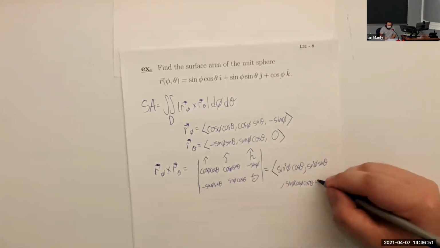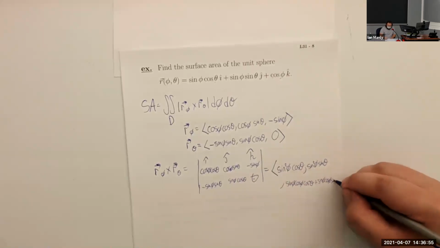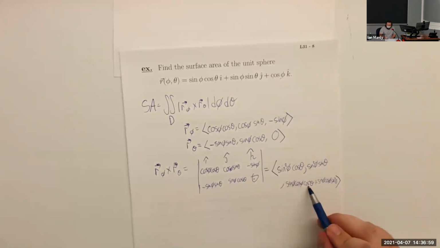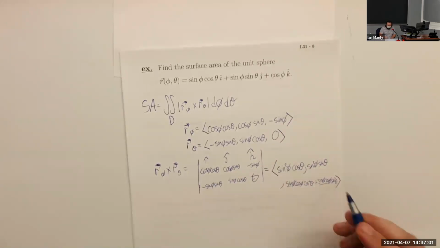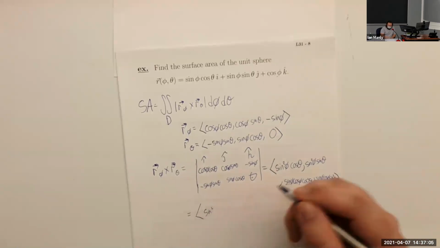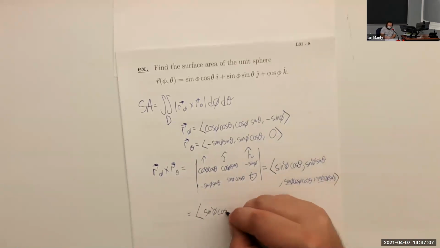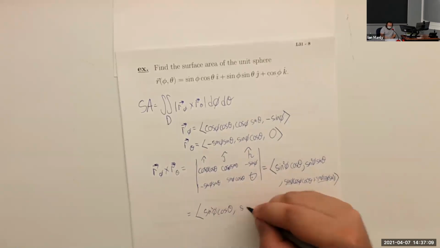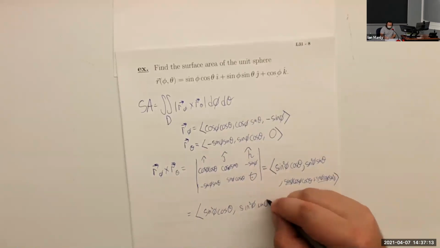And then we see our first nice event happen. So I have this times cosine squared, and then I have this times sine squared, meaning I can rewrite this as sine squared of phi cosine of theta, sine squared of phi sine of theta.